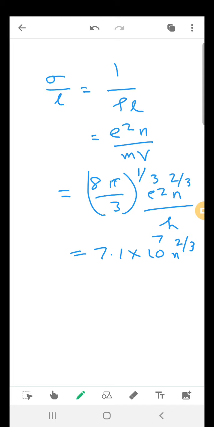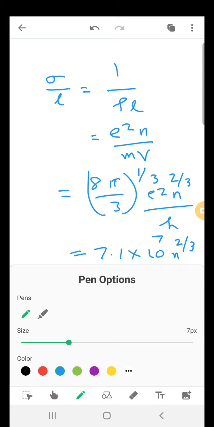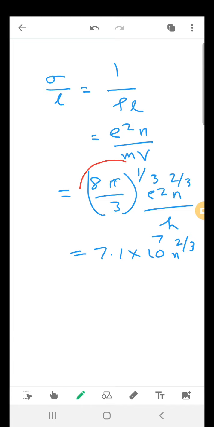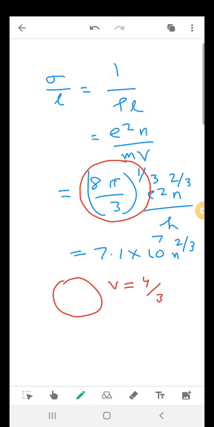Now you may question where we are getting this quantity from. This is actually the volume, or the volume density. If we consider the electron to be moving in a sphere, the volume of the sphere is 4/3 pi r cubed.